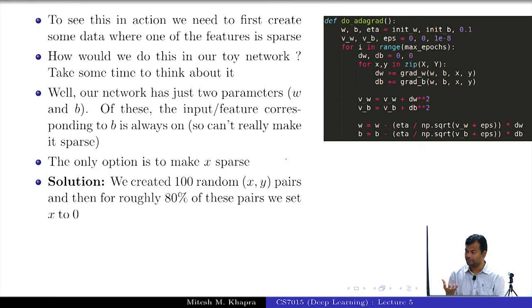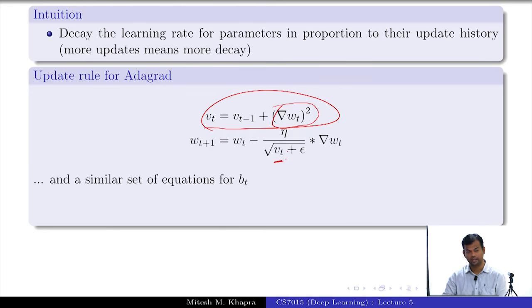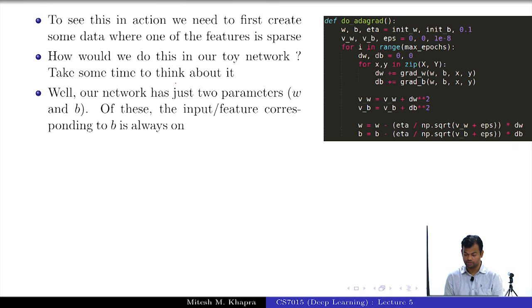So now I have created some data which is sparse, one of the features is sparse, and now I want to see what happens when I run gradient descent, momentum, and Nesterov accelerated gradient descent, and how the algorithm behaves. And now if I apply this algorithm, which I did not name, it's called AdaGrad. Okay, this algorithm is called AdaGrad. If I apply this algorithm, then how does the situation change?